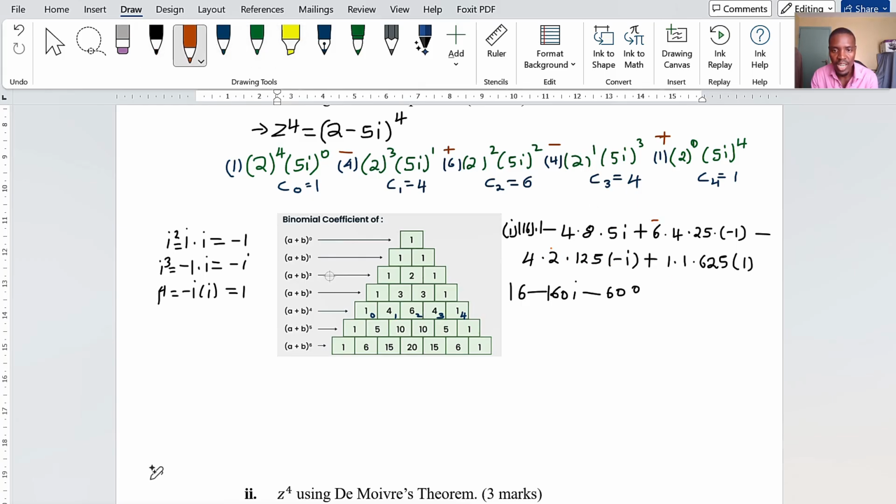On this part, we still have a negative. So plus this negative, you get a positive. But what do we have? 4 times 2 times 125i. So it will be 1000i. Then on the last part, we have plus 625.